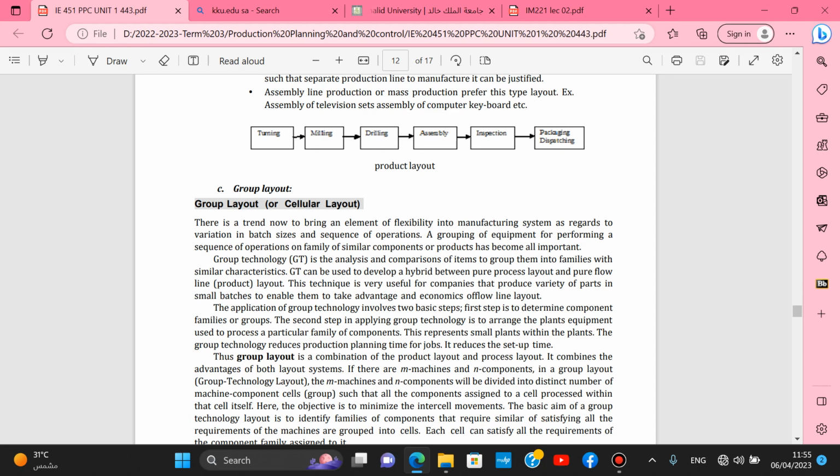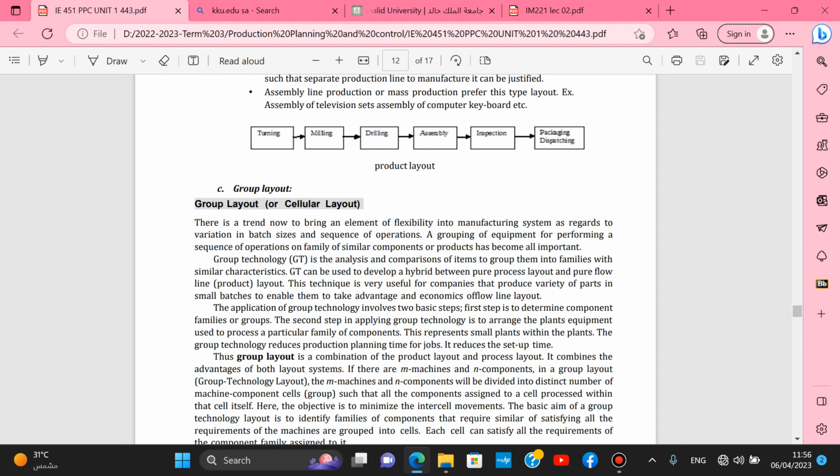Okay, so group technology can be used to develop a hybrid between pure process layout and pure flow line layout. يعني كأنه hybrid system between the process layout والproduct layout مع بعض. كأنه دمجنا الprocess layout مع الproduct layout.